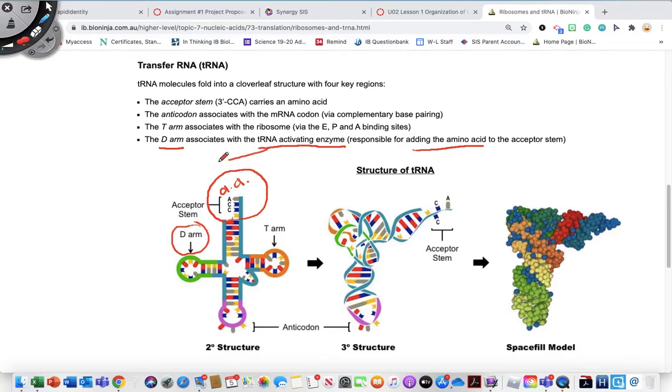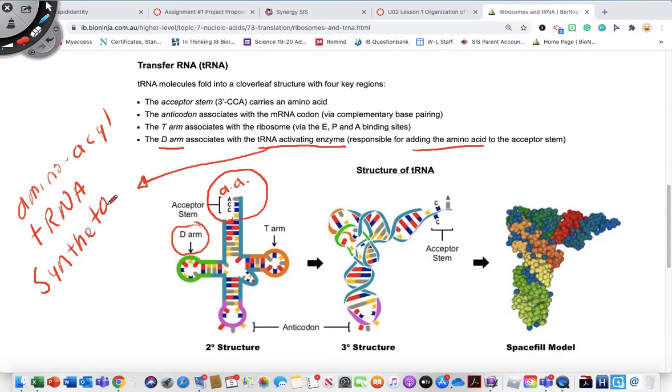Now, this tRNA activating enzyme has a very big name. It's called Acyl tRNA Synthetase. And I don't think you're responsible for knowing the name. It's not in the application, but I'm going to give you the name anyways. Okay, there it is.